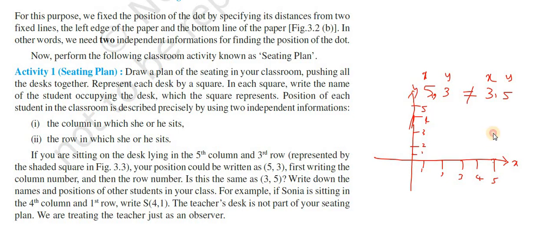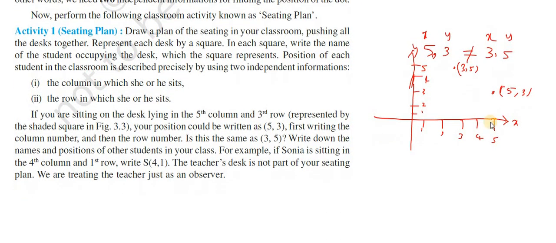So 5 comma 3 is this point. Next is 3 comma 5. Here 3 and here 5, so this is 3 comma 5. So 5 comma 3 is not equal to 3 comma 5. You should remember this. I hope all of you understood.